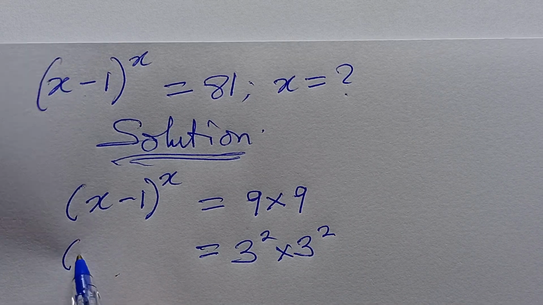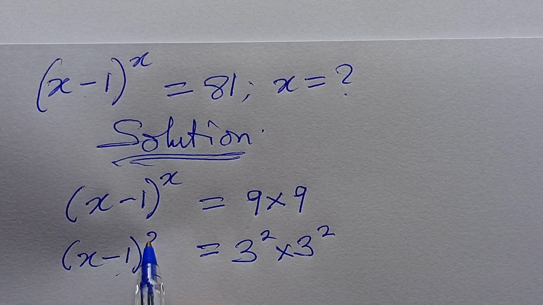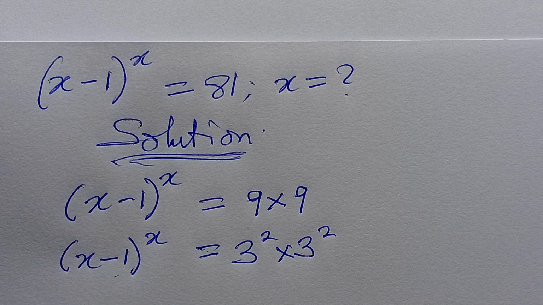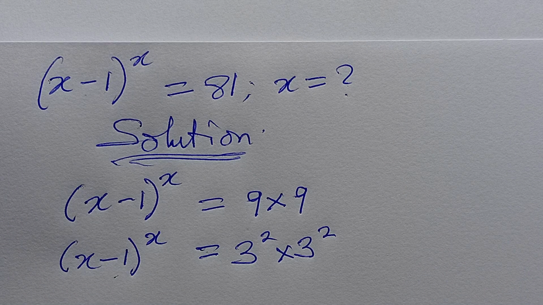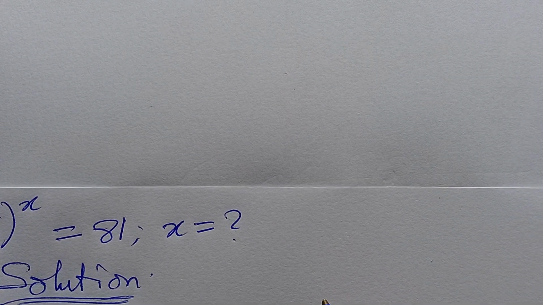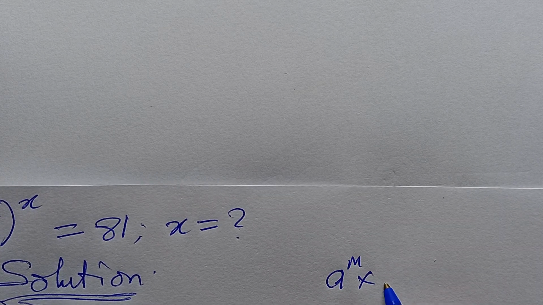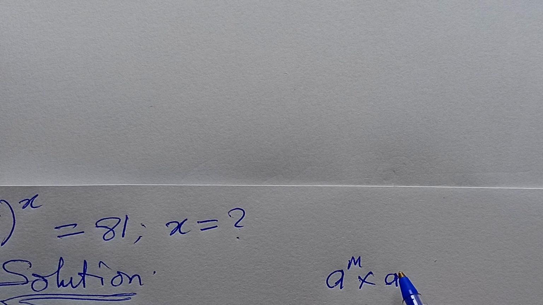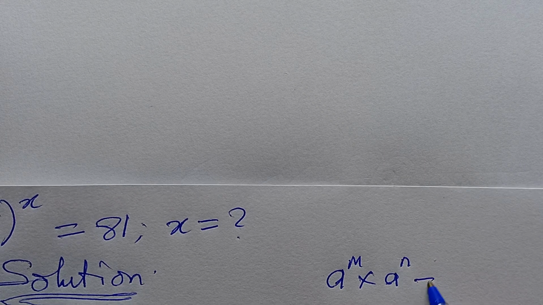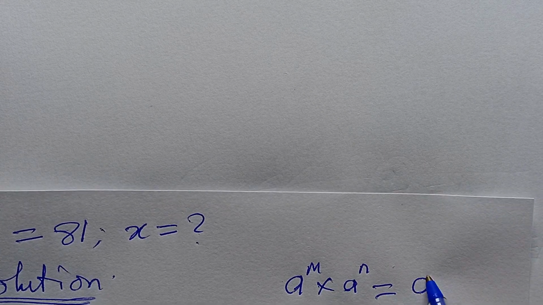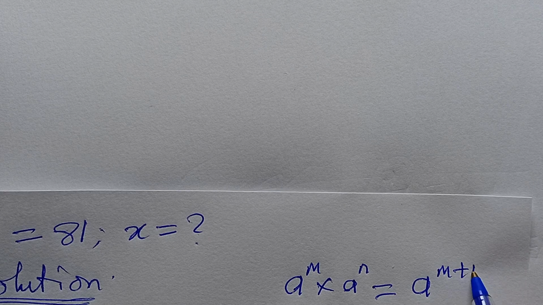So this is the same thing as 3^2 times 3^2. Now we apply the multiplication law in indices: a^m times a^n is equal to a^(m+n).